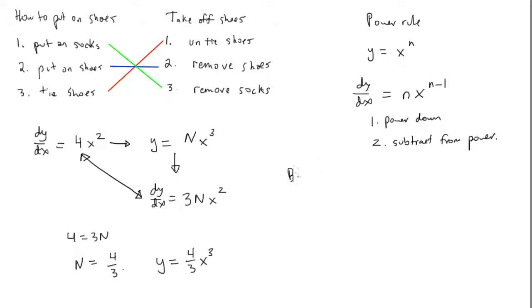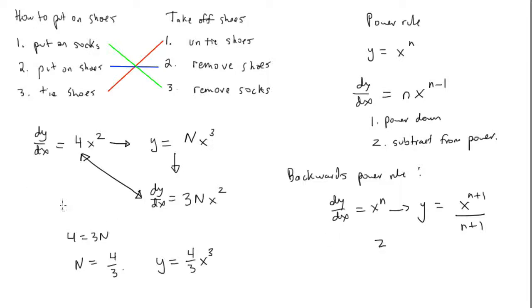Okay, so the backwards power rule is: if you have dy dx is x to the n, then y is x to the n plus 1 over n plus 1. Okay, now why is this the order? Why is this the order, and why is that what everything is?